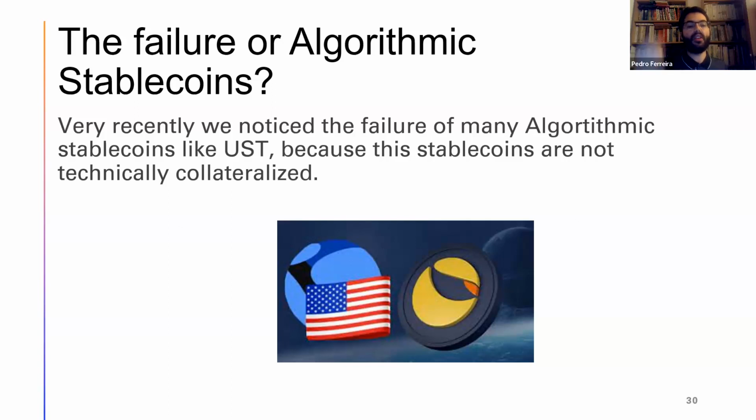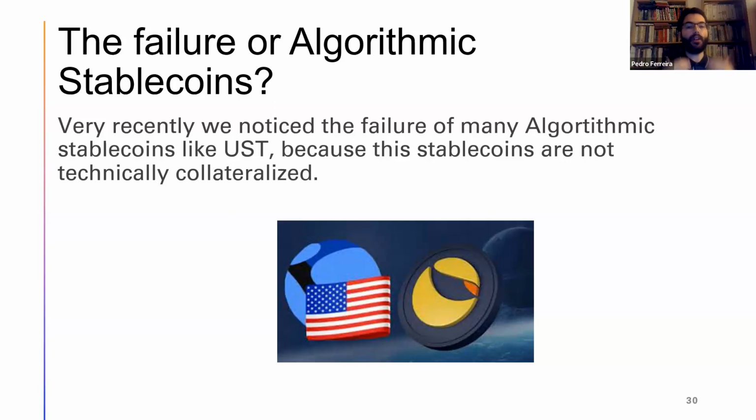This stablecoin went from $1 to 1 cent. That means that people that had 1 million in this stablecoin just had $10,000 if they held the UST while it was depegging. That means that the people that thought that they were secured were not, because there was nothing backing the stablecoin. And that is the major problem.